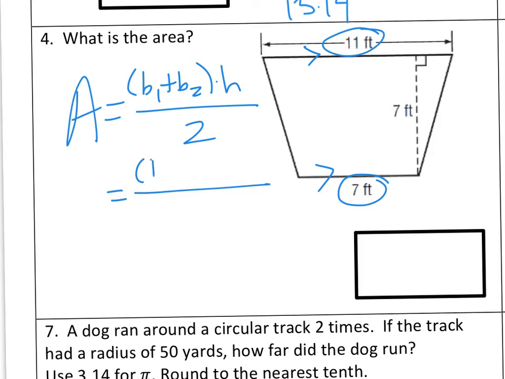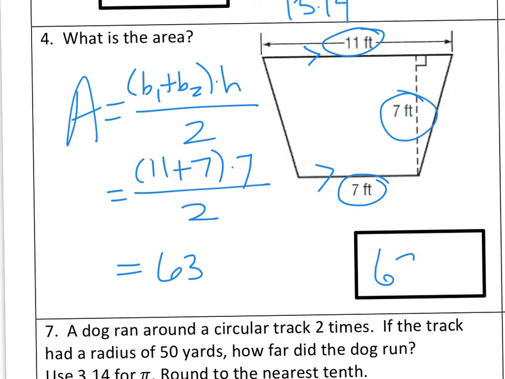Here it is, 11 plus the 7 multiplied by how tall it is. There's our 7. And then we divide by 2. When we do that, we end up with 63. So that's 63 feet squared. Again, we're looking for area. Area is measured in square units.